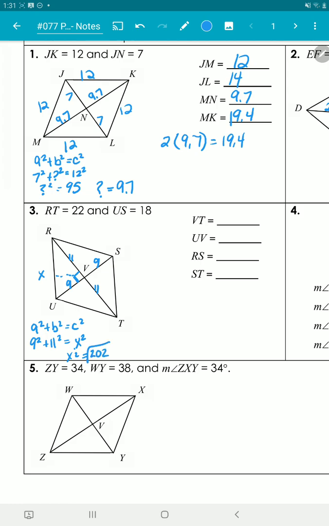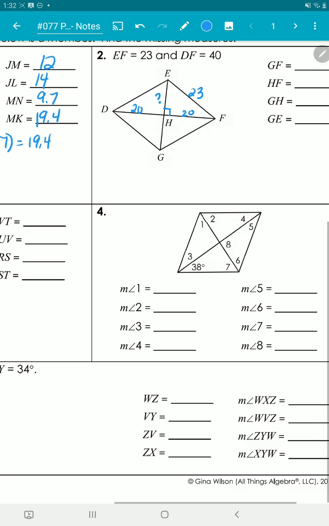Then if you take the square root, you get that this missing side we're looking for is about 14.2. Okay, so this side that we're missing here is 14.2, and that's going to be the same for all of the sides around. So go ahead and use that to fill in the blanks over there.